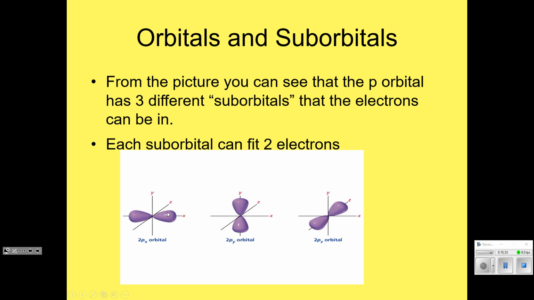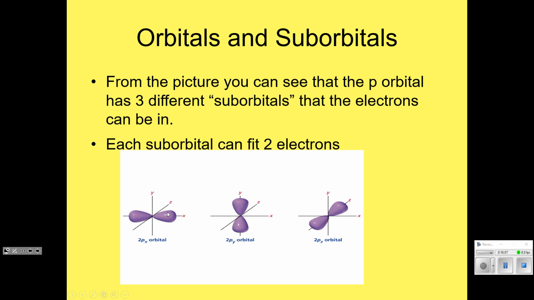For now, there is a table on your note sheet. It has a column that says orbital, S and P. It has a column that says number of suborbitals, and it has a column that says number of electrons when full. There are 3 separate suborbitals for the P. So why don't you put the number 3 for the suborbitals for the P. When you look at your note sheet on that right-hand side, how many pictures, how many suborbitals does it show for the S? 1.